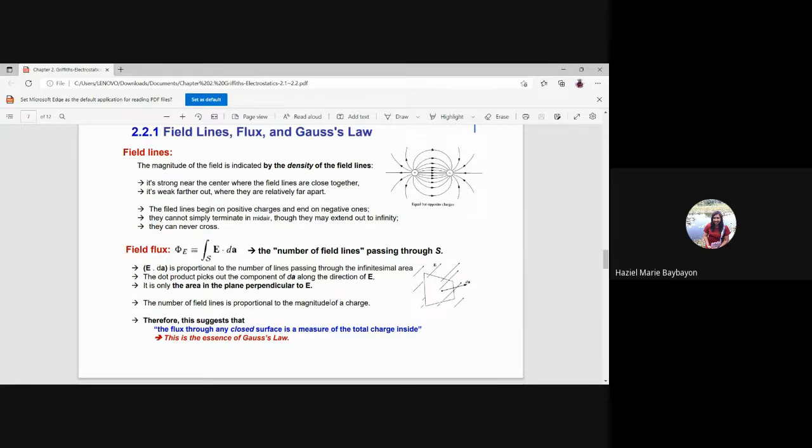The greater the magnitude of your charge, the more field lines it has. So 2Q has more electric field lines compared to charge Q. Alright, therefore, this suggests that the flux through any closed surface is a measure of the total charge inside. So the flux through any closed surface is a measure of the total charge inside. This is the essence of Gauss' law. So let us continue.